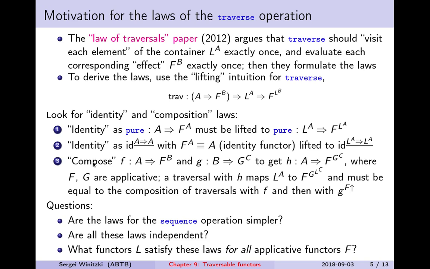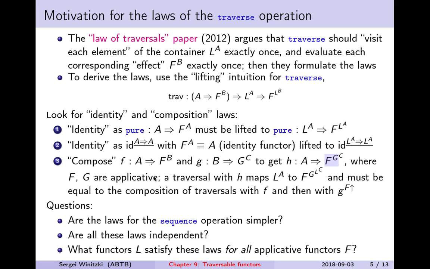Now, to compose, what would be the composition law? If we have two of these functions, like f and g, then we can compose them using fmap. But the result would be this, because the f g would be nested now. We take f b, we map g over it, and we get f of g of c. Now, if f and g are applicative, then the composition f of g is also applicative.